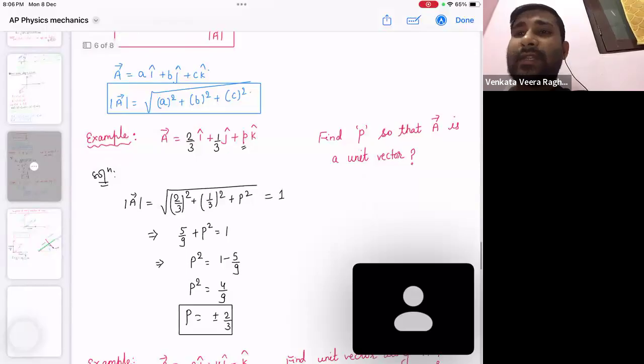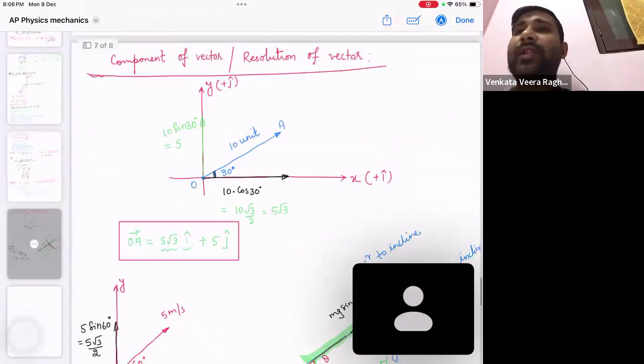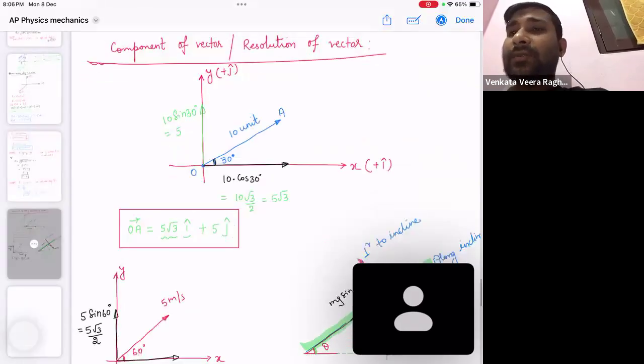Then we discussed the component of a vector, which is also called the resolution of the vector.